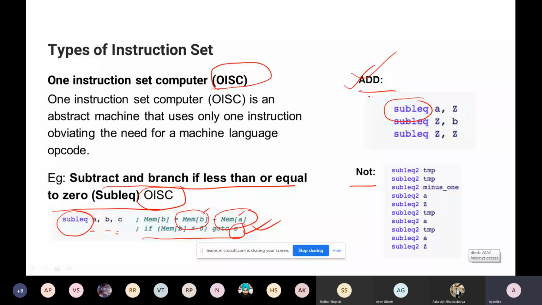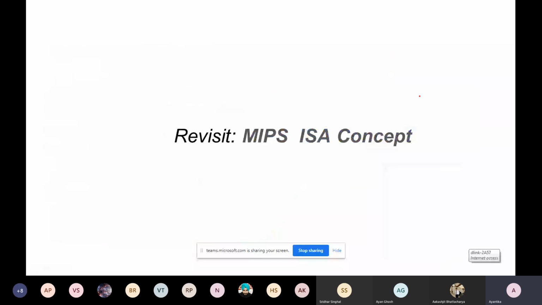So we must have the basic knowledge of what instruction set architecture means and how we can map it to our CPU and our memory, how I can store the operands, and how I can map whatever I have written in the form of instructions to my backend hardware architecture. So for that, let's revisit this MIPS ISA concept once again.